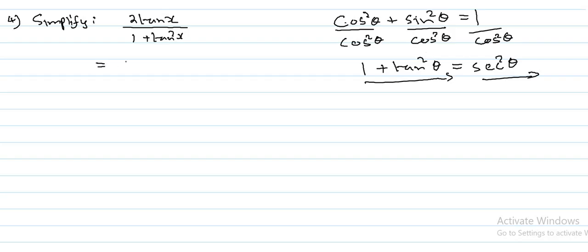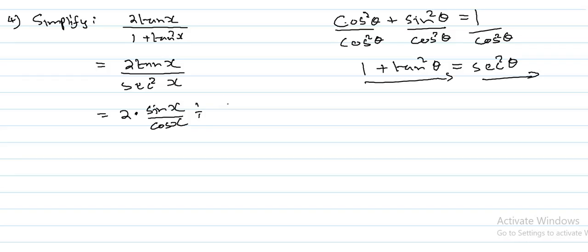So the first step is to say this is the same as 2 tan x divided by sec squared x. Then we'll simplify. This is the same as 2 tan, remember it's sin x over cos x, divided by sec, we said it's 1 over cos squared x. So we change the division sign into multiplication.